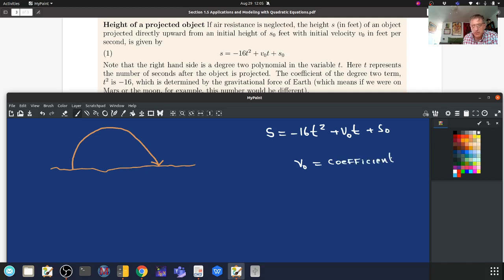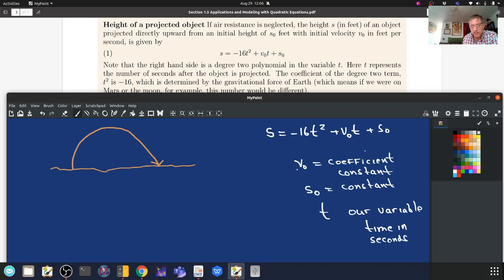It's just that variable choice. It's just a constant. It will be given to you. It's not a variable. The same is true of s naught. S naught is just some constant that is given to you. The variable is t. T is our variable, and it stands for time in seconds.